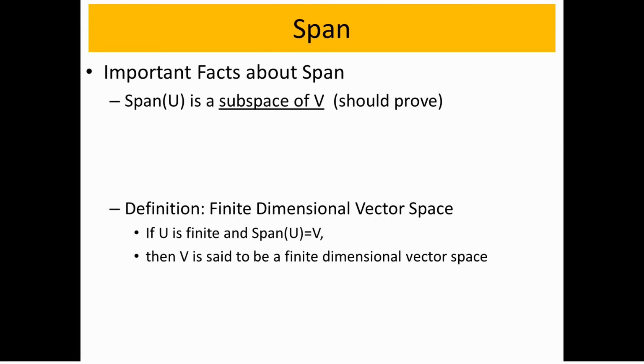That means any vector in capital V can be written as a linear combination of a finite number of vectors. We haven't defined what dimension is, but we're going to. This is the definition of a finite dimensional vector space, and we'll get to what dimension means later on.